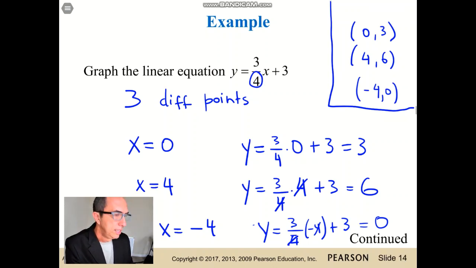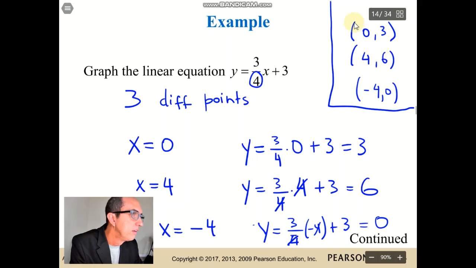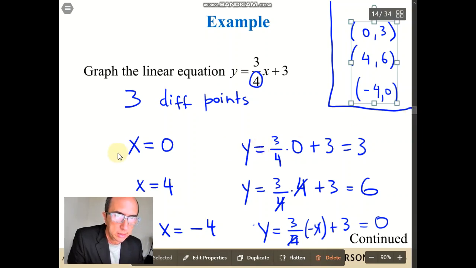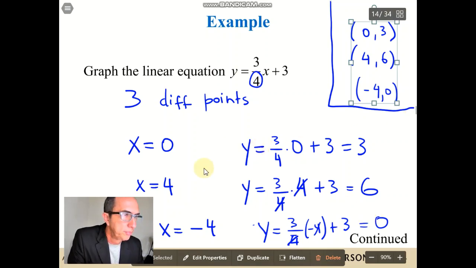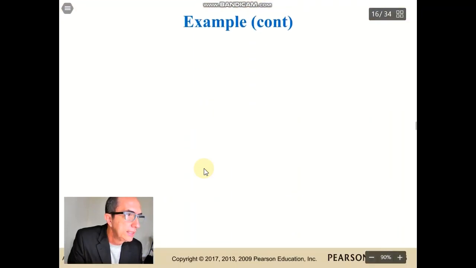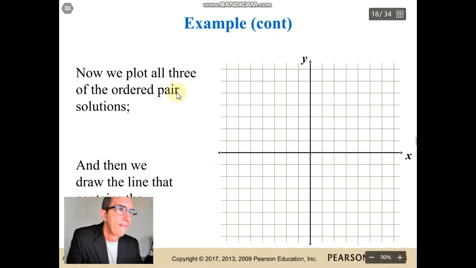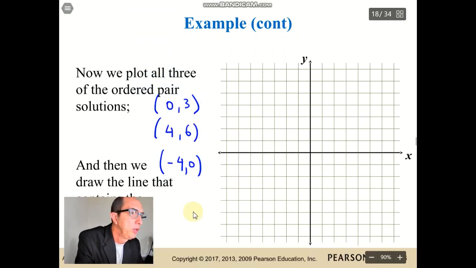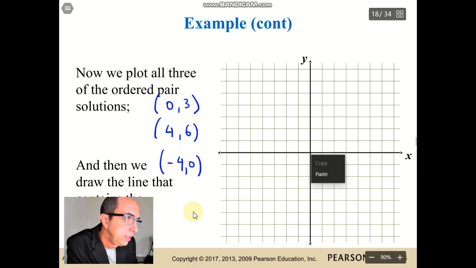Okay, and we can now graph our equation. Go to our coordinates, go to our x and y axis, and here we have the order pairs that we found. And let's plot these order pairs on the graphic. First one, 0 and 3.